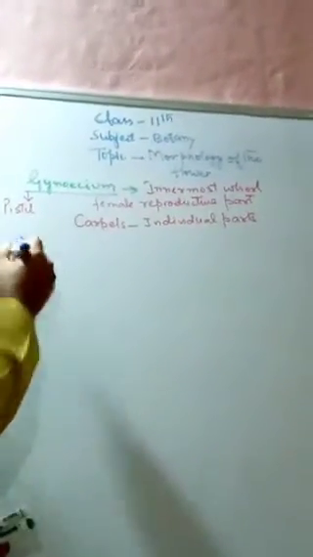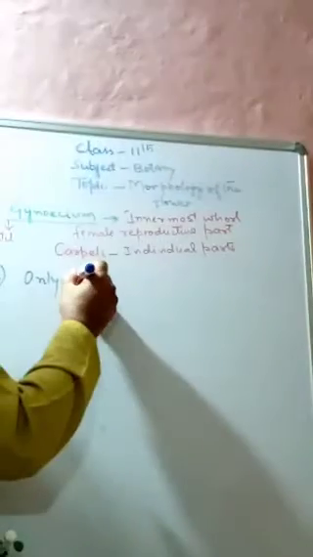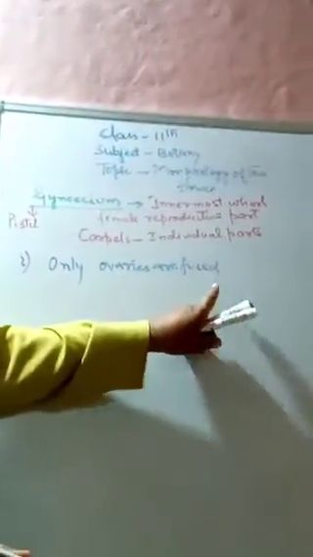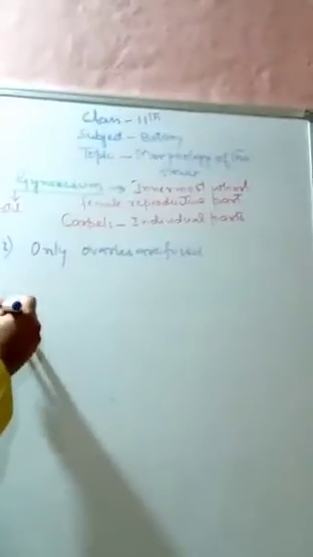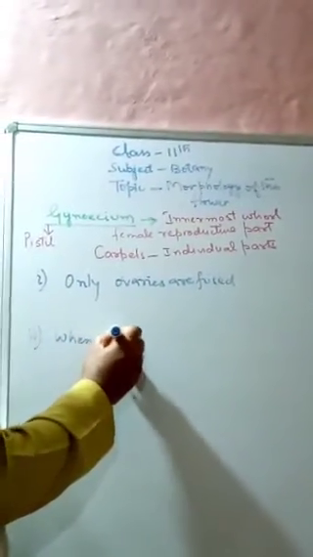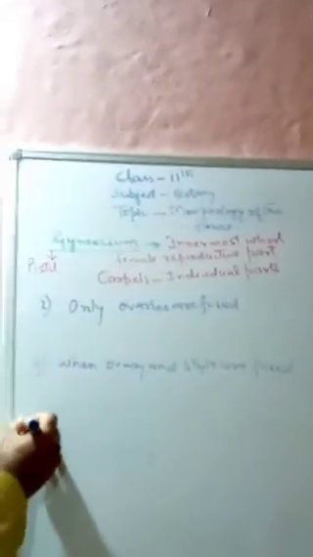First, if only the ovaries are fused. The second condition we see in some plants is when the ovary and style are fused. Third, when the ovary, style and stigma are fused.